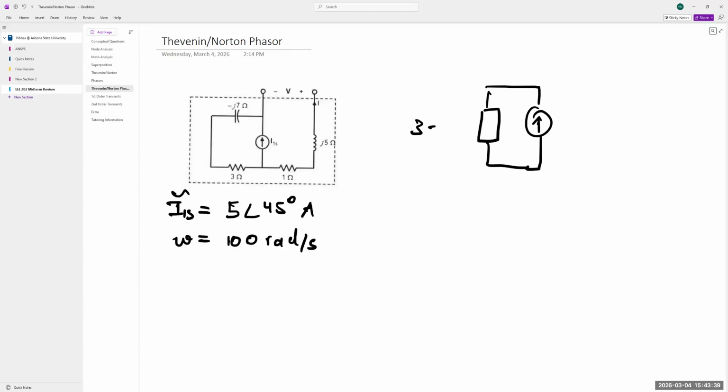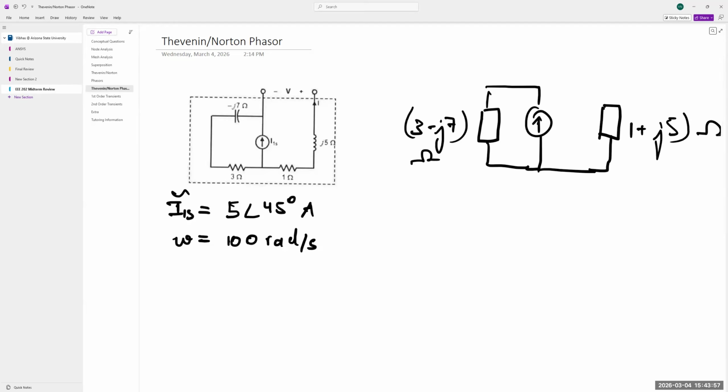So 3 minus J7 ohms of impedance. Likewise, over here, we're going to combine the inductor and the resistor. It's going to have 1 plus J5 ohms of impedance, right? Because we're adding the 1 ohm and the 5J inductor.